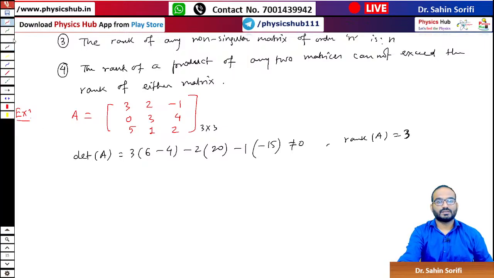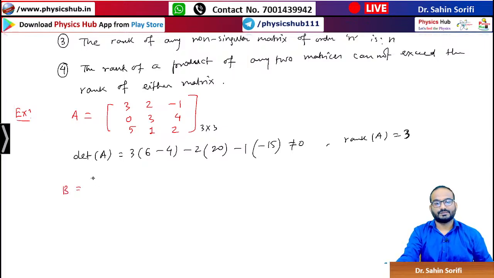Another example, let's say another matrix B: 2, 1, minus 1, 0, 3, minus 2, 2, 4, minus 3.